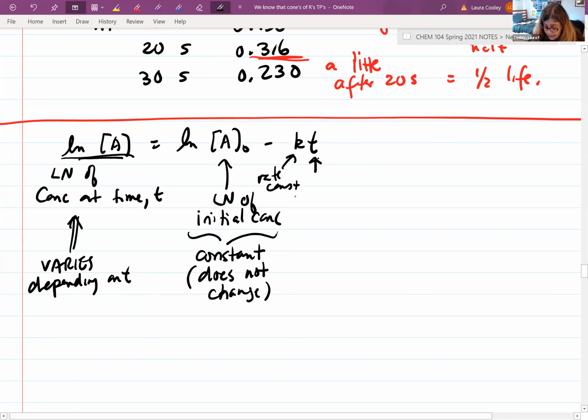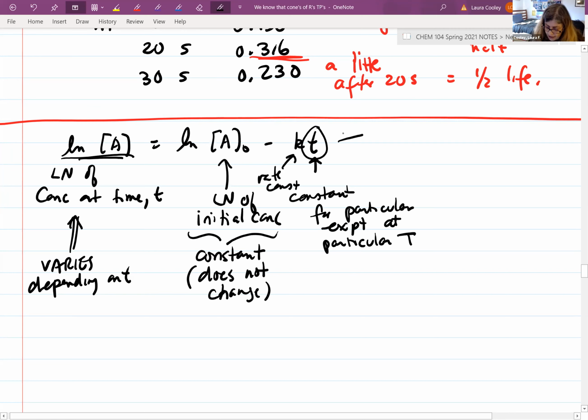The k is also constant for a particular experiment at a particular temperature. And this guy varies. In fact, as t varies, this natural log of A is going to vary.